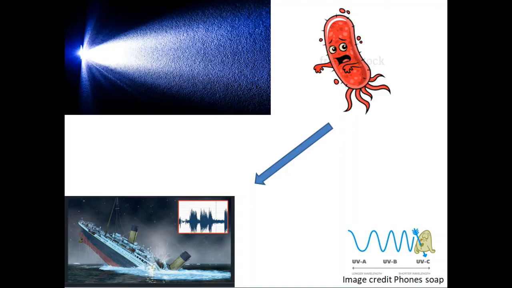That is, it is not able to withstand a high dose of UV rays, and the photoreactivation repair mechanism is not able to repair the damage caused by the UV rays.